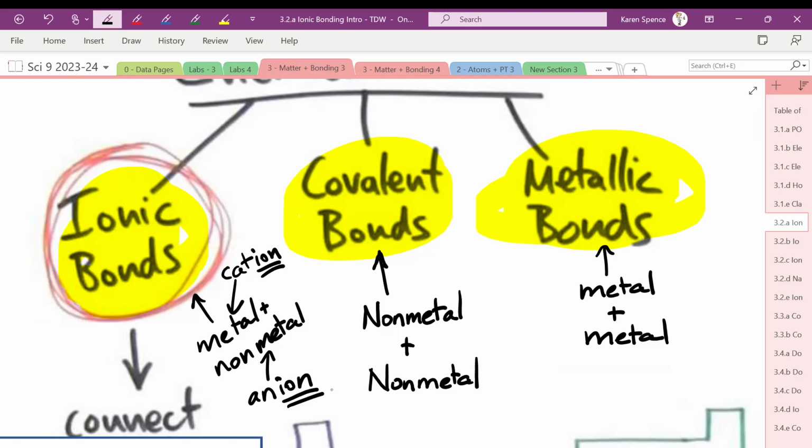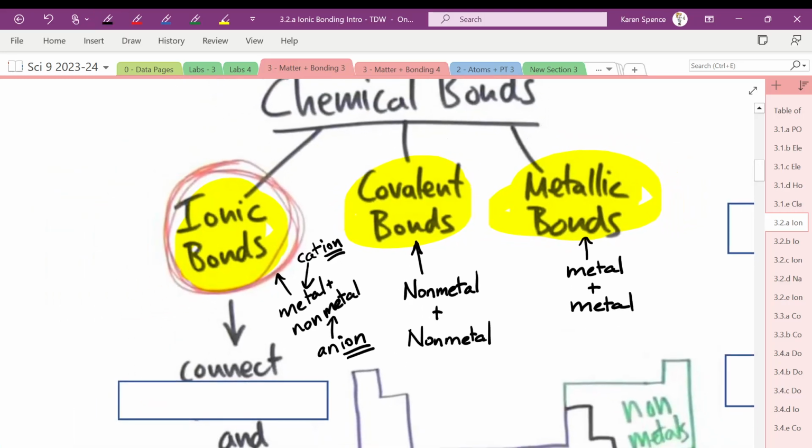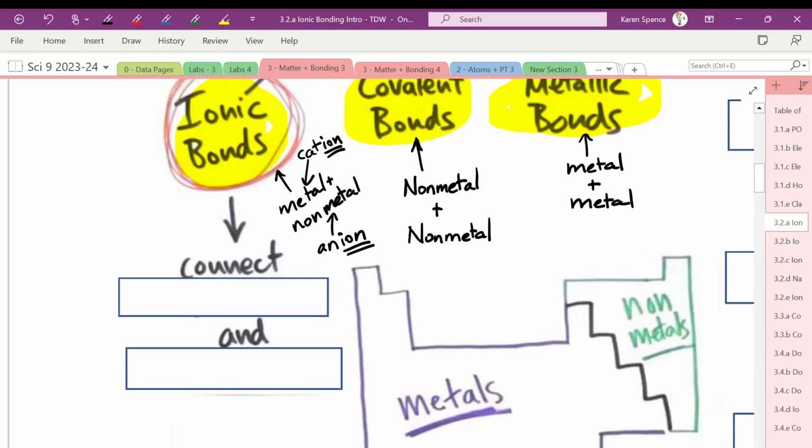Ionic bonds form between ions. Metallic bonds form between metals and metals. So the real definition then of an ionic bond we have on our next page.